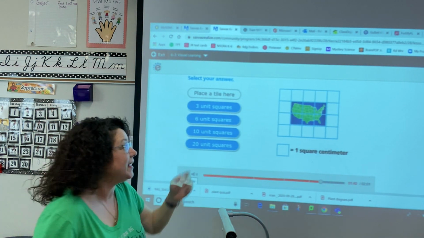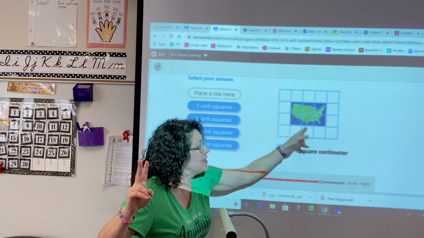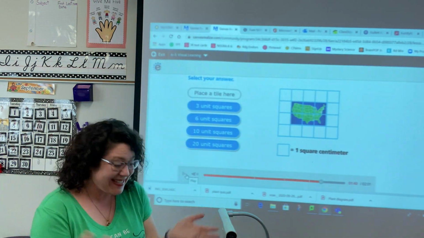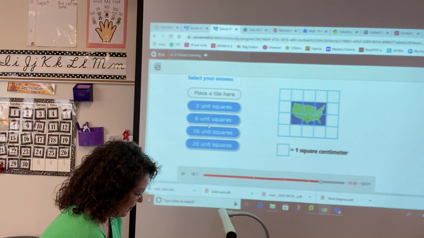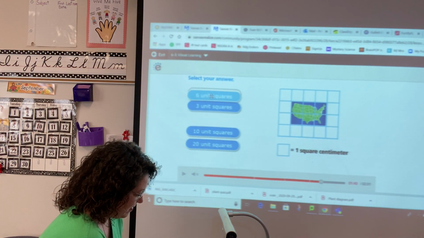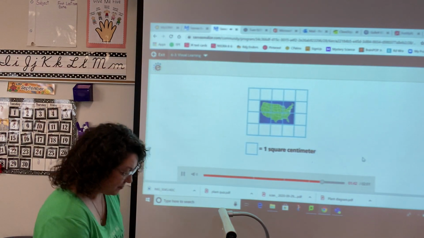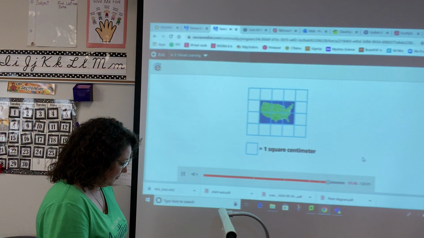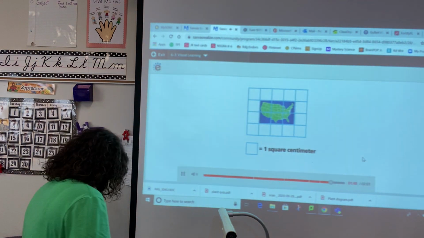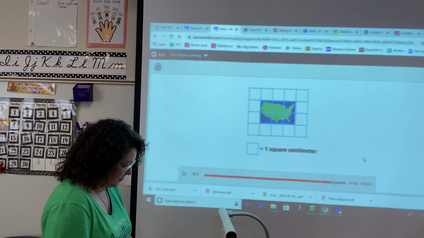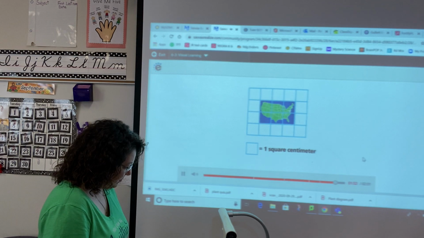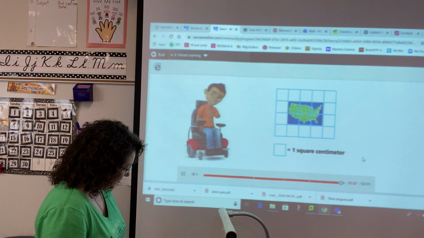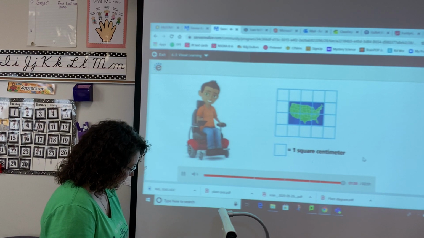You can do multiplication. 2 rows times 3 columns. 2 times 3 is 6. Six unit squares cover this sticker. The sticker is measured in square centimeters. So the area of the sticker is 6 square centimeters. Now you know how to measure area using standard units of length.